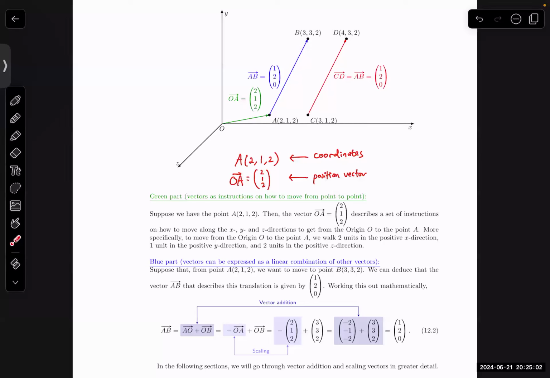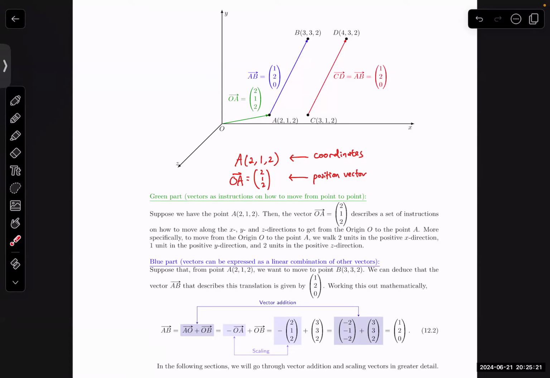Kind of like how I can decompose a set of instructions to someone into smaller instructions that are easier to follow, for example, right? Okay, let's say I want to talk about how to travel from point A to point B, exactly where this blue vector takes us.